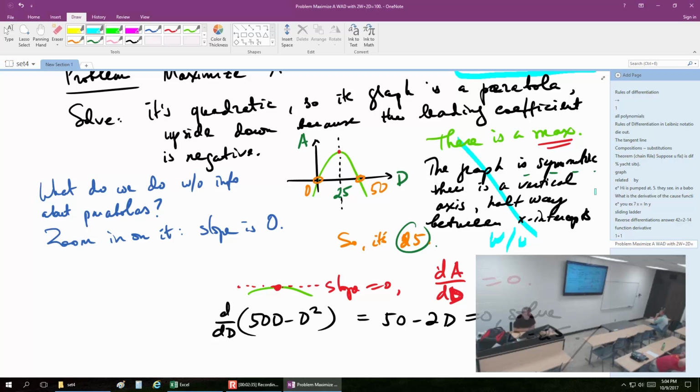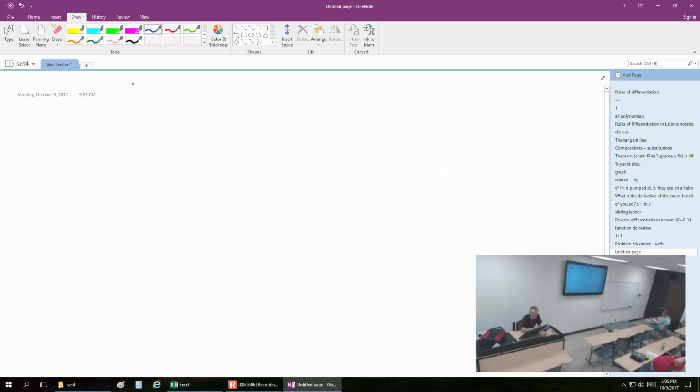Now we have solved the problem in a more general setting, and then we looked for the point where the slope is 0. We're going to solve more optimization problems as we develop the theory, which explains under what circumstances this works.